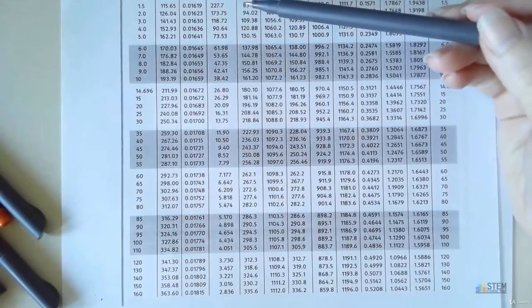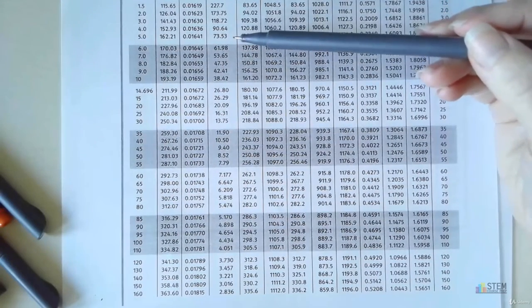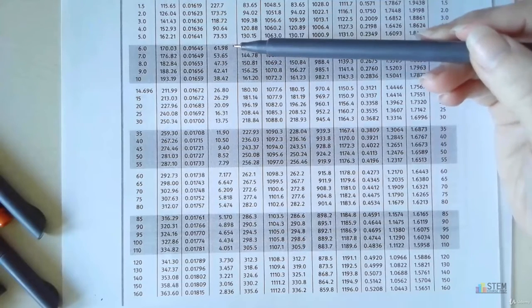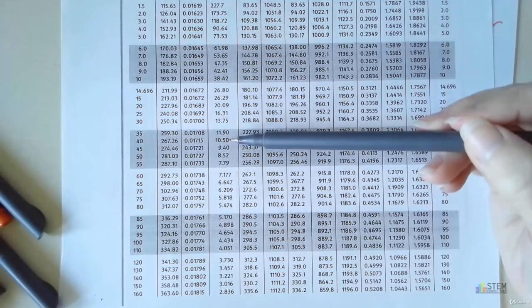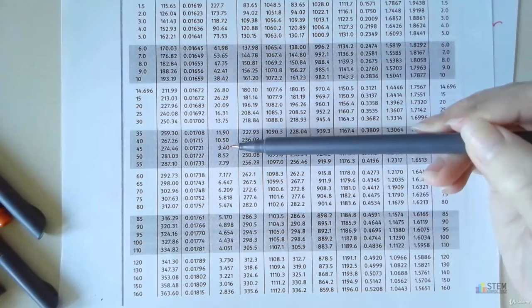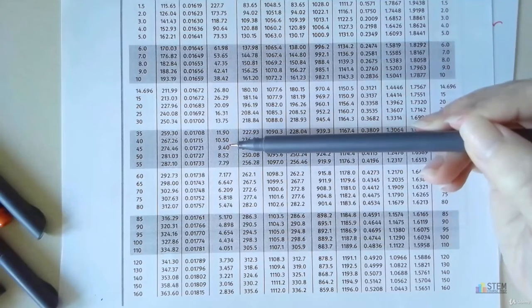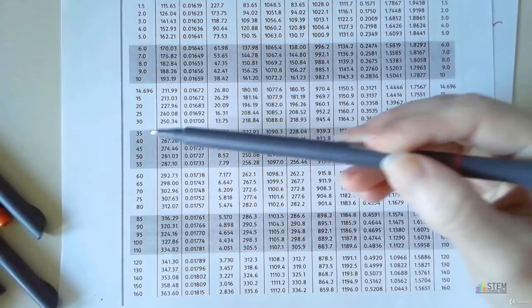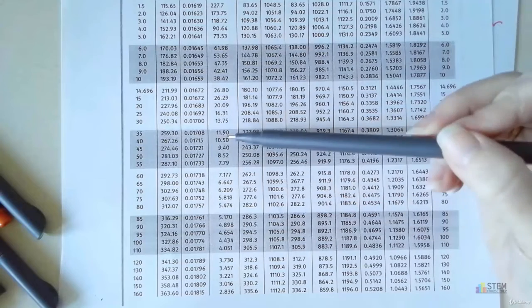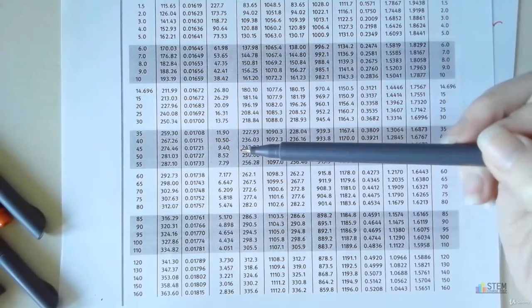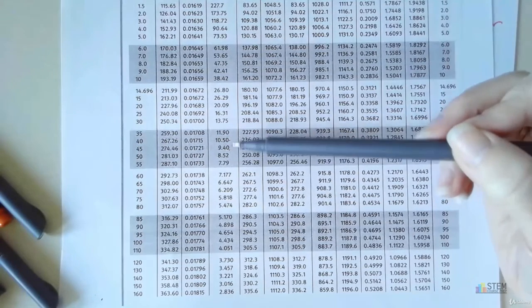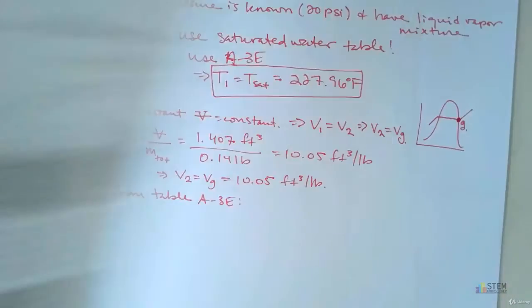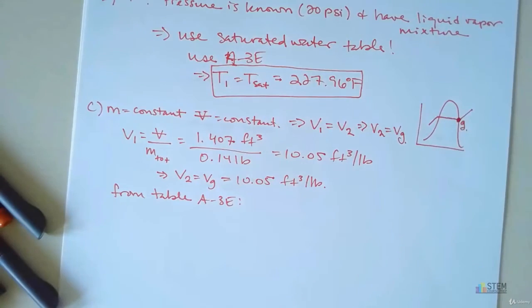Now if we get really lucky, we'll find that exact number, but of course, we're not going to find it. So we keep going down. We got 10.5, we got 9.4, but we don't have 10.05. So we're going to interpolate with these two data points. Okay, so we got 40, 45 for the pressure, and then we've got these two specific volume numbers. So we will do interpolation to get our final pressure.